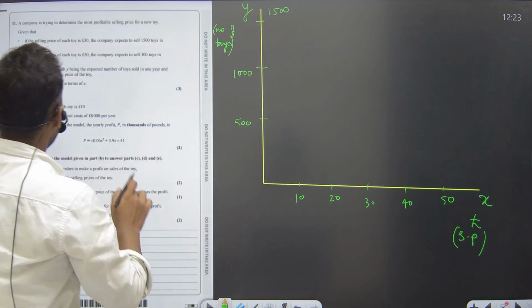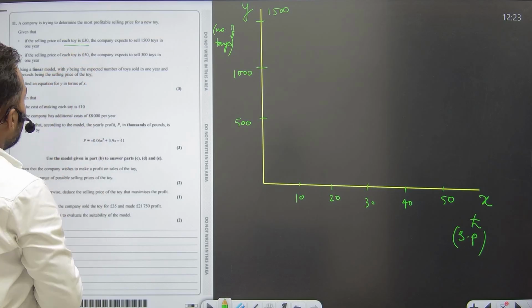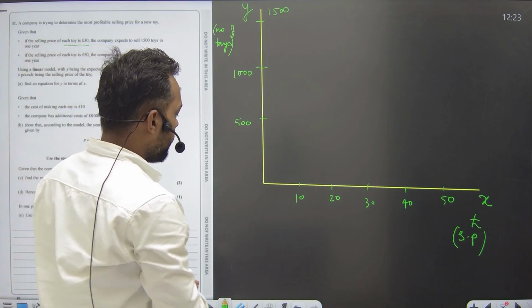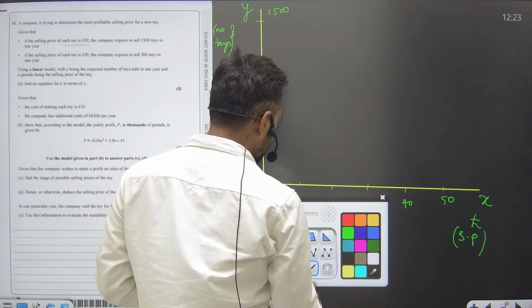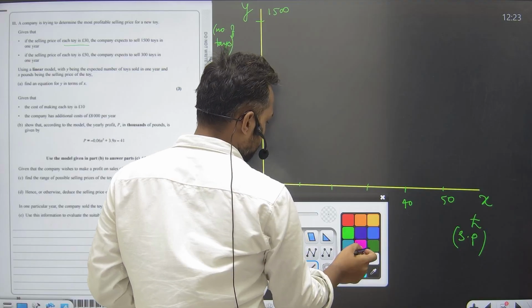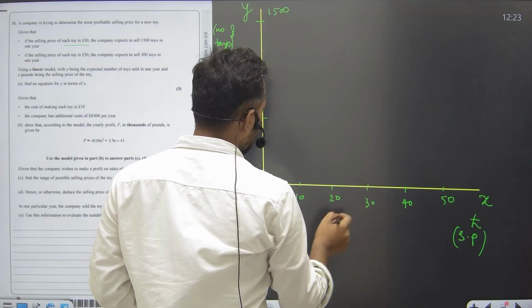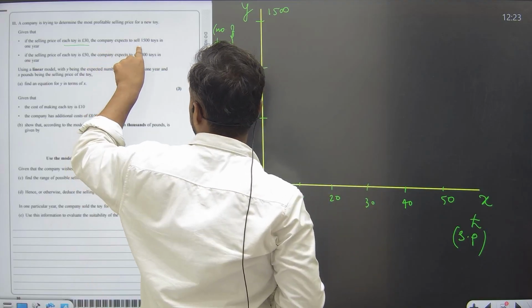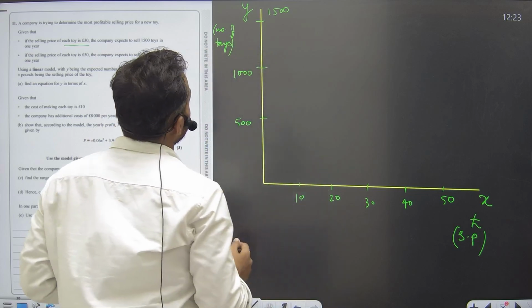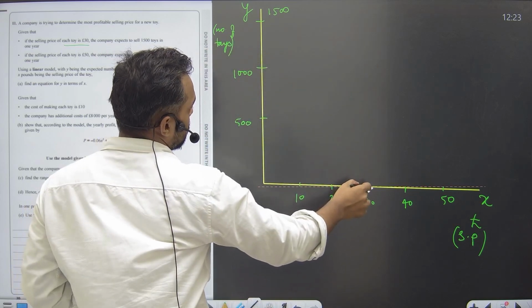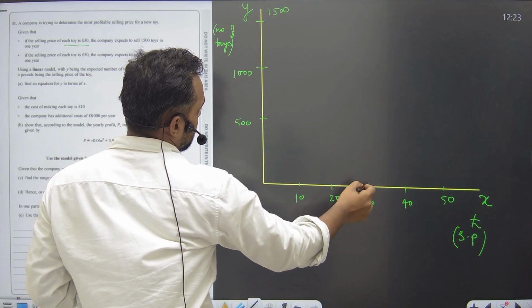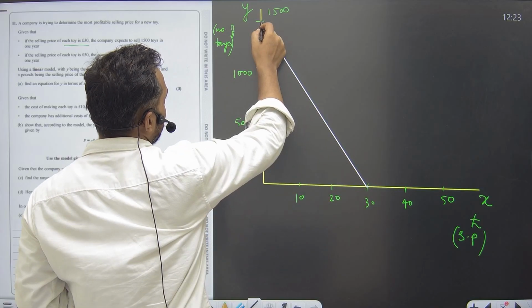So according to the first statement, if the selling price of each toy is 30 pounds, the company expects to sell 1500 toys. So for 30 pounds, the company is expected to sell 1500.